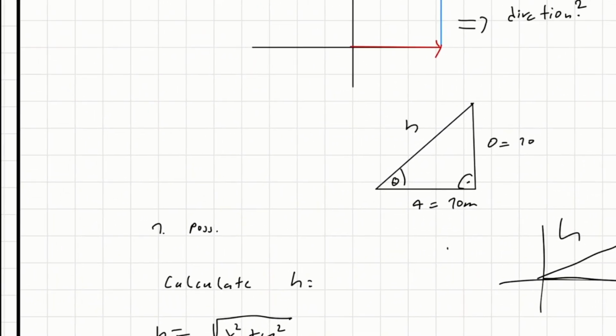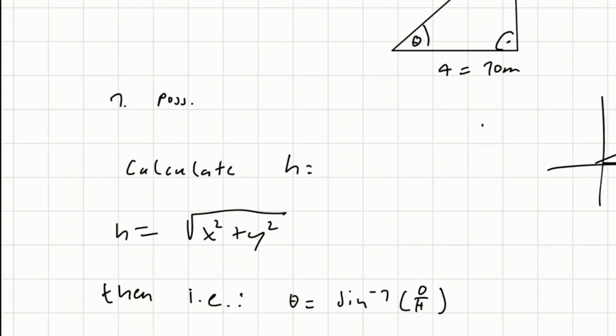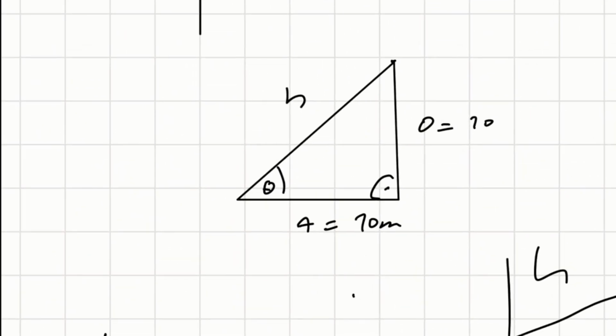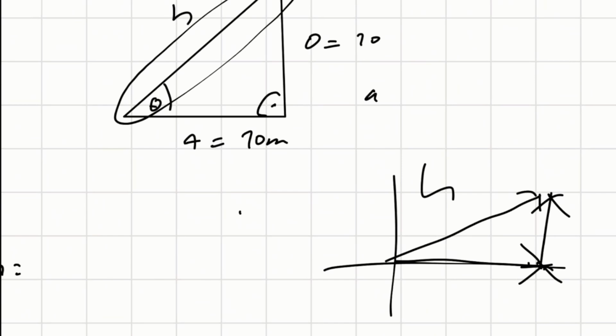The first thing is, if we want to know our direction and how long we have to walk, we could do the first possibility, which is a bit more work. You could try to calculate this, which is nothing else than, remember, a squared plus b squared equals c squared. This is from Pythagoras.